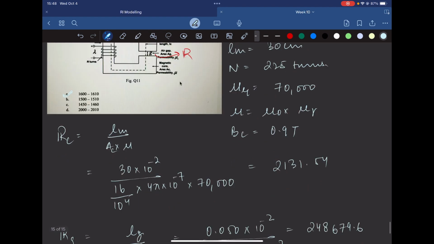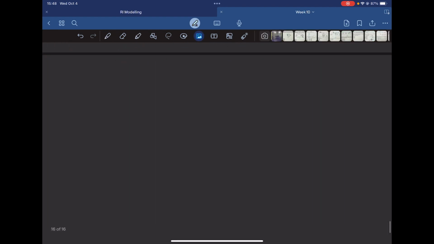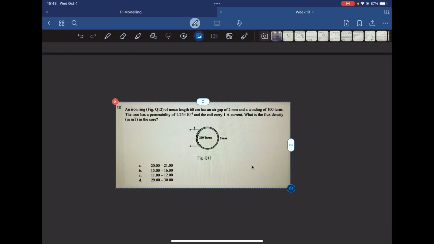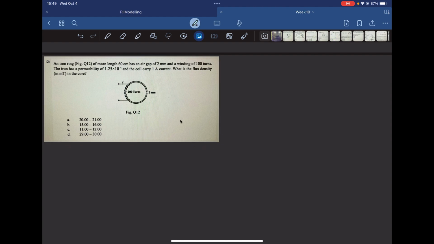That's done. Now there's one more question that I want to discuss, which is this. In here we are given an iron ring which has a mean length of 60 centimeter, an air gap of 2 millimeter and a winding of 100 turns. The iron has a permeability of 1.25 into 10 raised to the power minus 4. So let's write it.